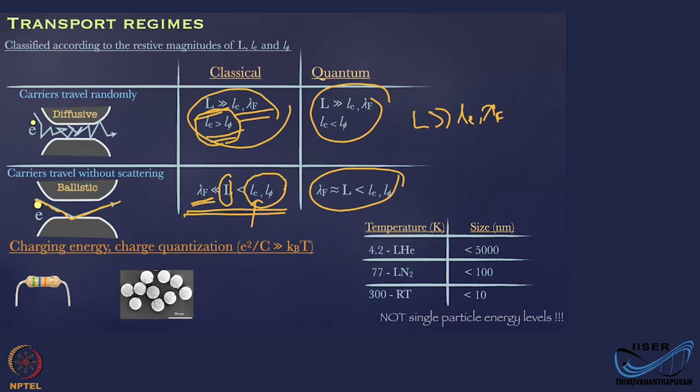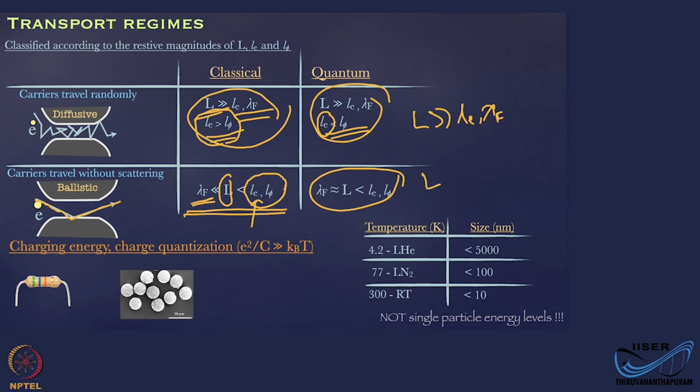Now, quantum means the phase coherence length is larger than the elastic collision length. Okay. Now, ballistic means it doesn't undergo many collisions when it passes through the system.